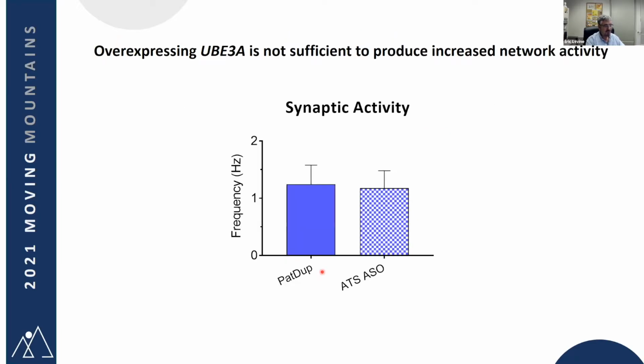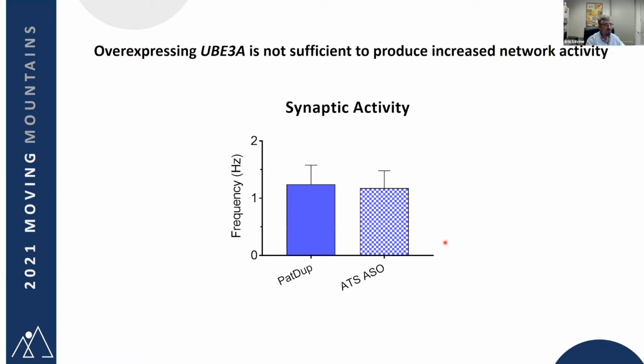But the other interesting thing is now if we go back to this network synaptic activity, increasing UBE3A, even in the path Dup that has the 1 extra copy of the other genes, is not sufficient to produce the increase in network activity. And as I mentioned, I think this increase in synaptic activity, James mentioned too, is probably a critical thing that's involved in both seizure susceptibility and development of autistic features.